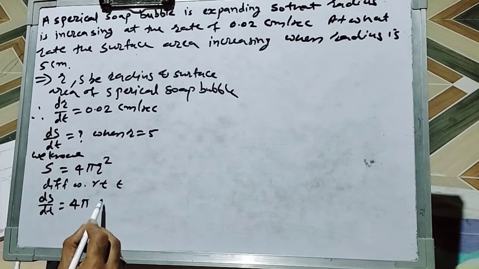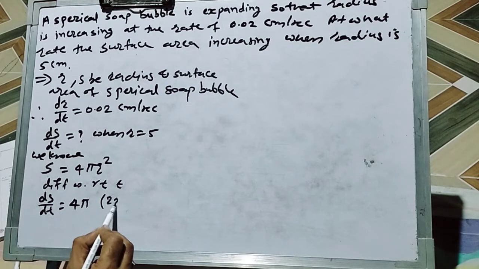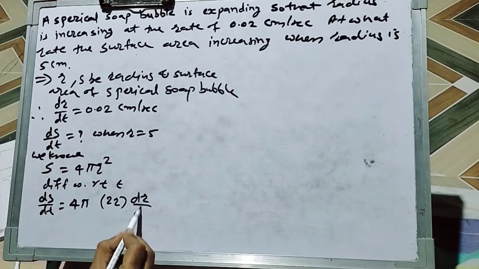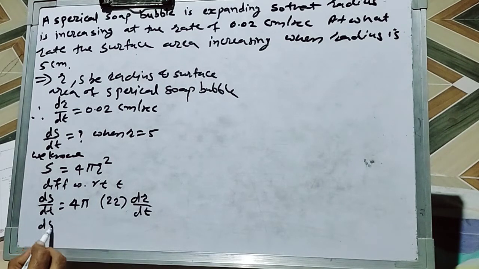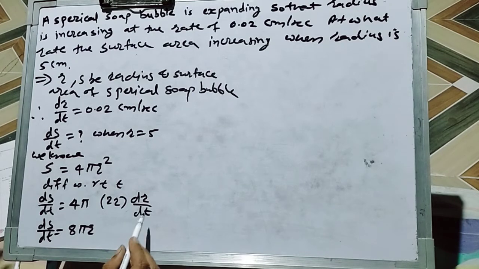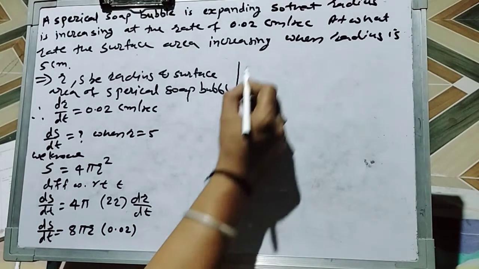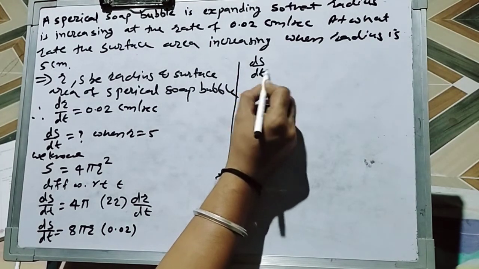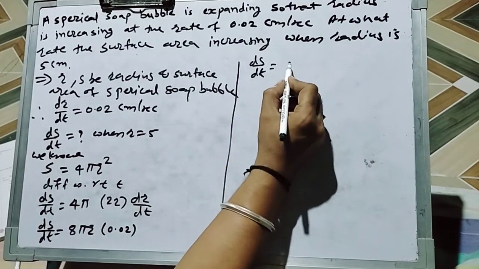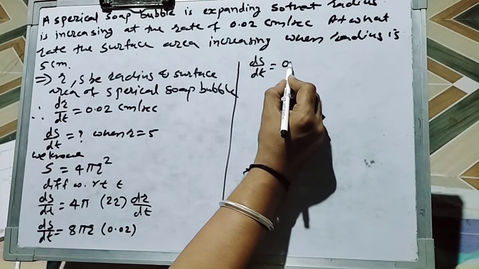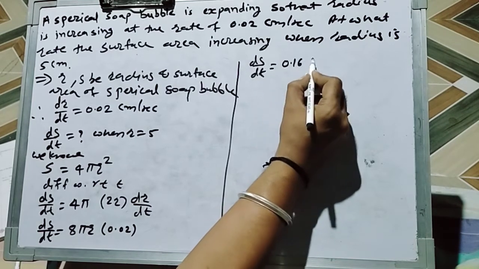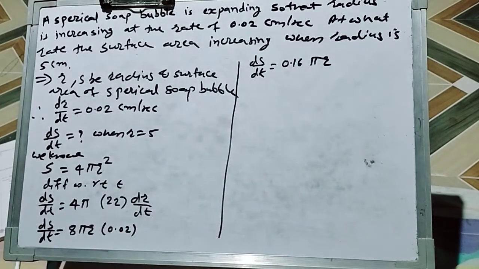Now the derivative of r square is twice of r dr by dt. So here dS by dt is equal to 8 pi r dr by dt. Now here dr by dt is given as 0.02. So here dS by dt is equal to 8 into 0.02, which is 0.16 pi r.